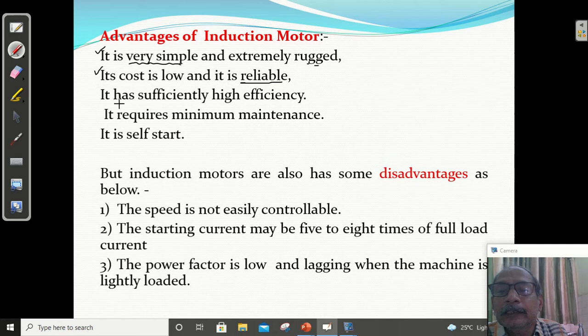The third advantage is that it has sufficiently high efficiency. The efficiency of the induction motor is very high, around 80 to 85%.